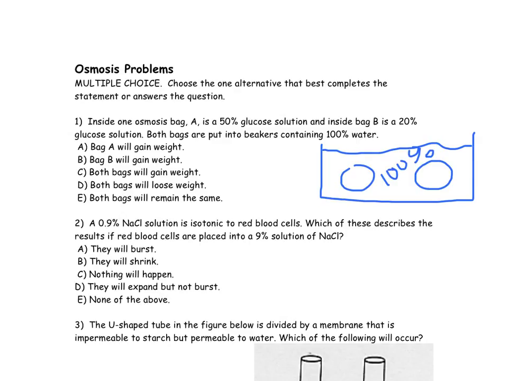Now remember when we talked about tonicity. Tonicity is when you have hyper or hypo, and a hypertonic solution is when you have a high solute concentration. And hypo means a low solute concentration. Let's keep that in mind. Hypo means low.